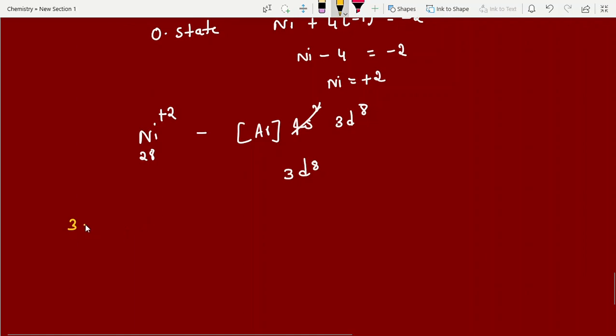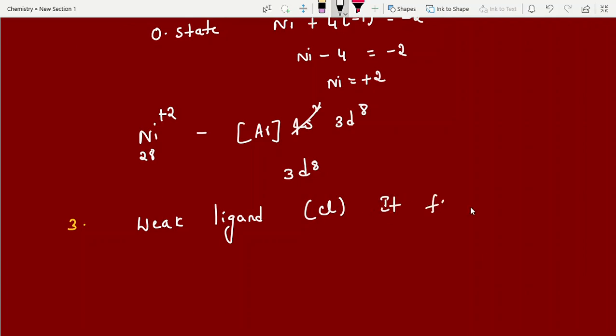What is the ligand type here? Yes, it is a weak field ligand. Weak ligand chlorine. It follows Hund's rule.